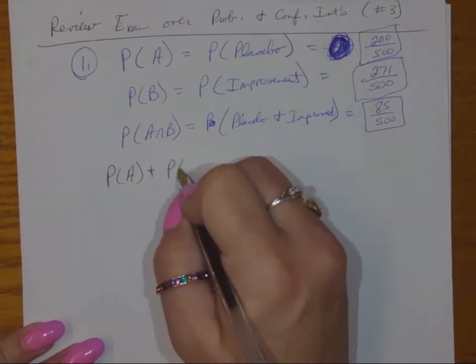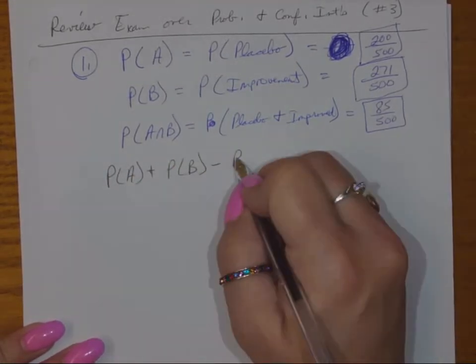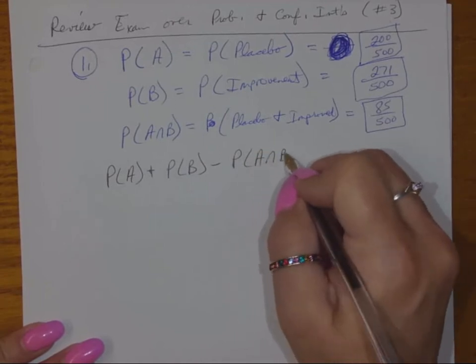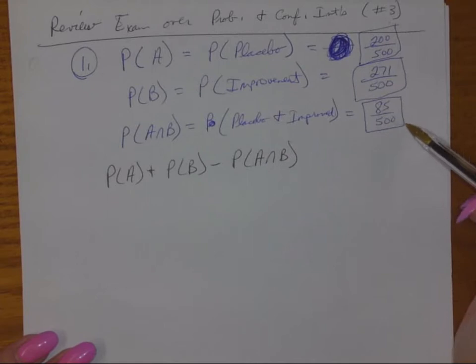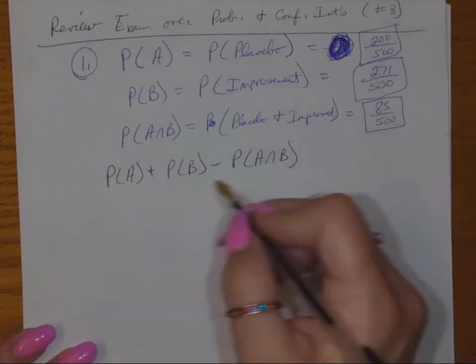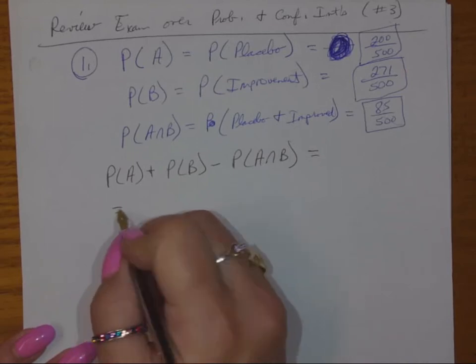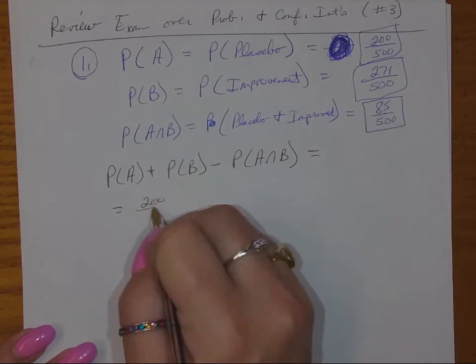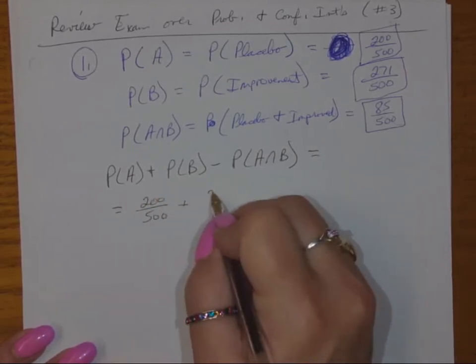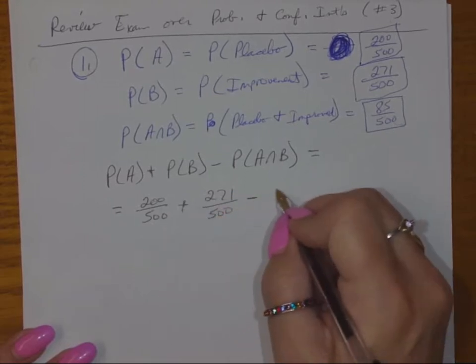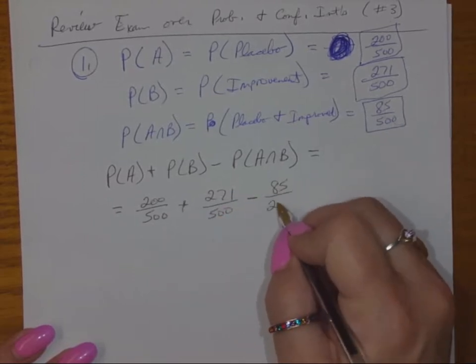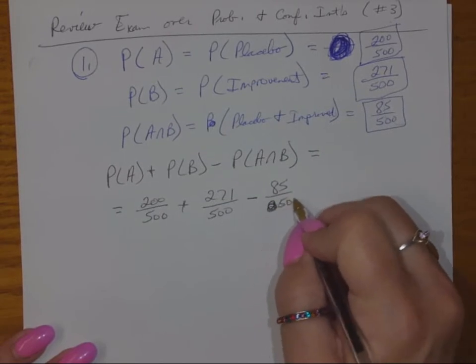Probability of A plus probability of B minus the probability of A intersection B. And this is where it comes in handy if you left them all with the same denominator, right? I've mentioned that a couple of times, I think. So this will help out. So it's 200 over 500 plus 271 over 500 minus, take out, don't double count that intersection.